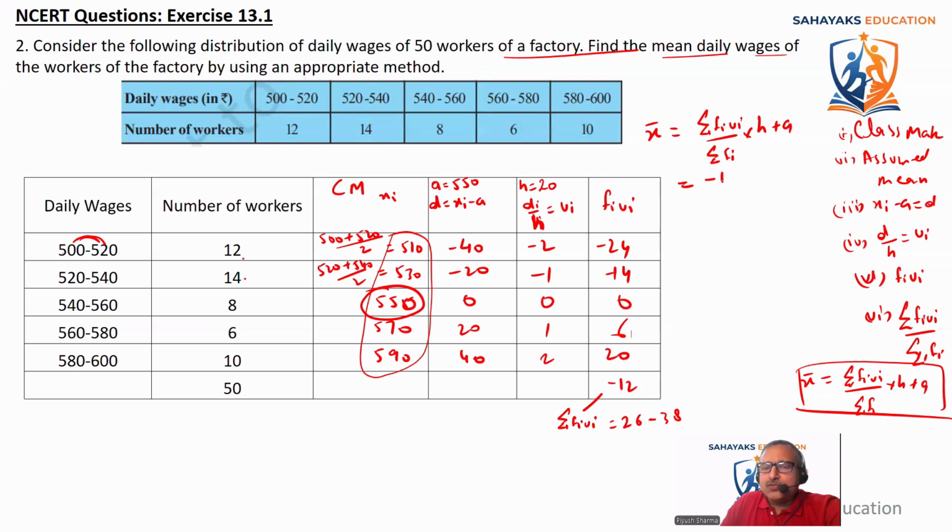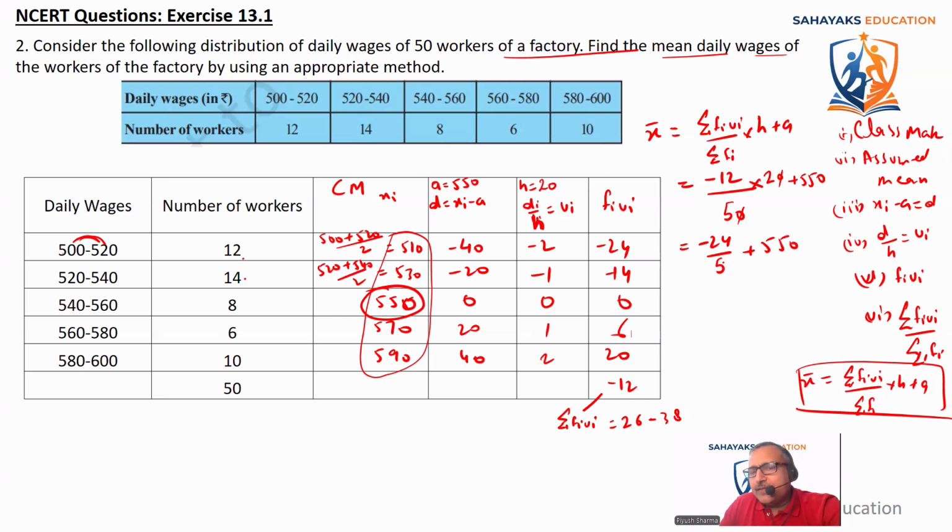It comes as minus 12 divided by 50, into h, which we considered as 20, plus 550. So 0 will cancel out with 0. It comes as minus 24 divided by 5 plus 550.